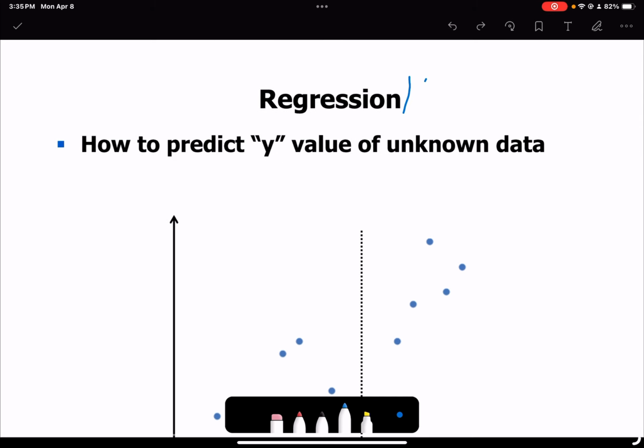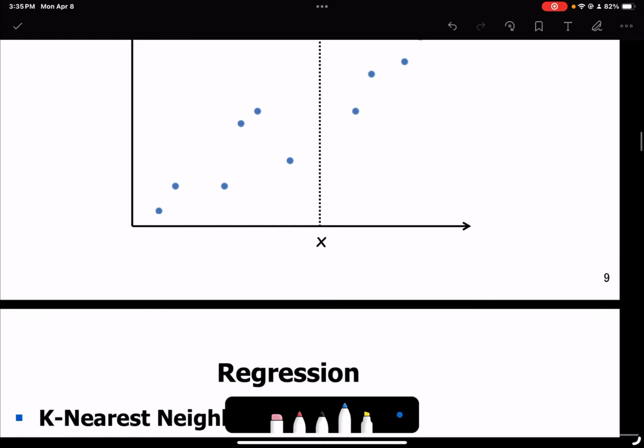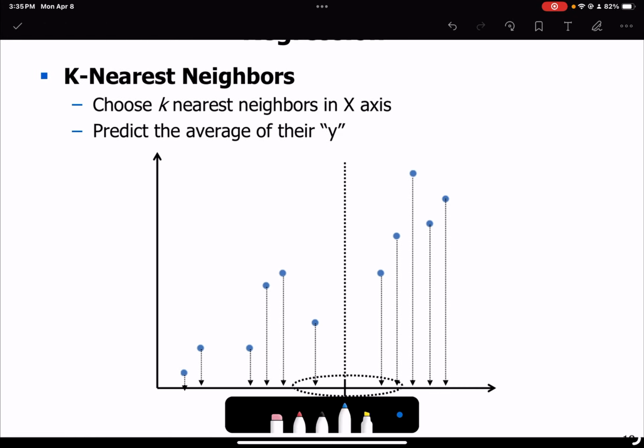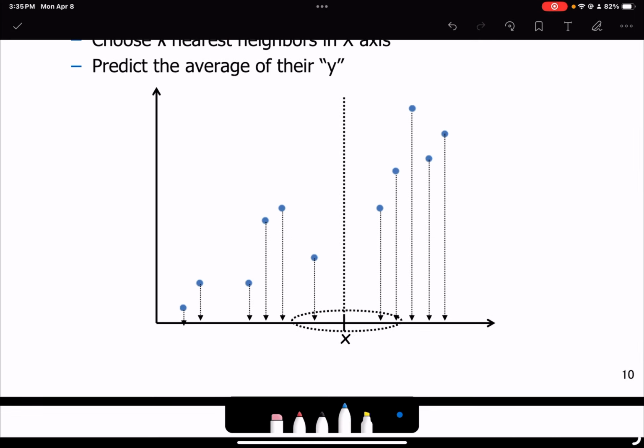So in KNN regression, we are relying on the patterns in the data to make predictions. If you follow this example, we have to make a regression output for your dependent variable. For example, this is the point and we want to predict what would be the value here.